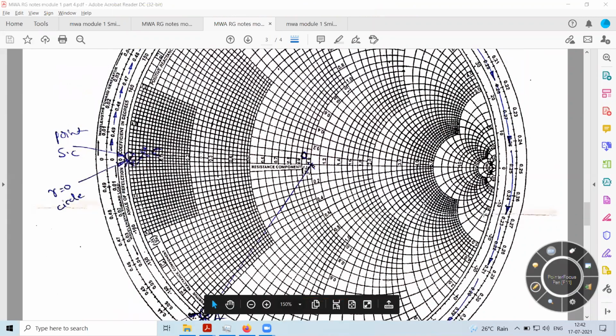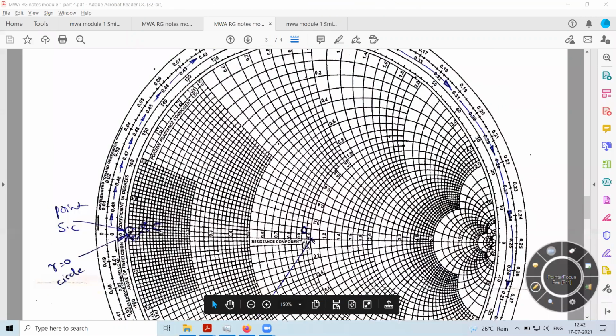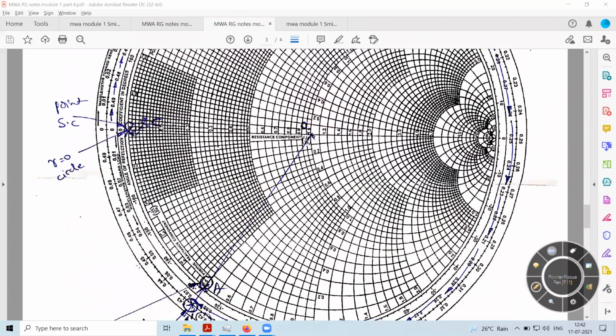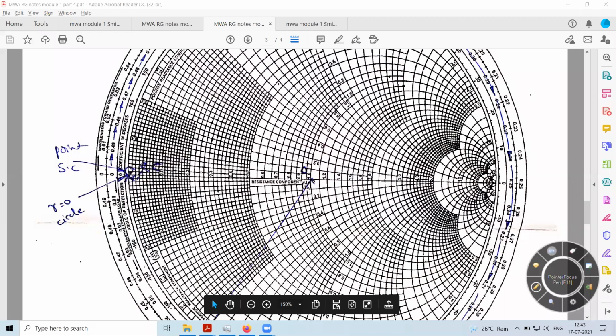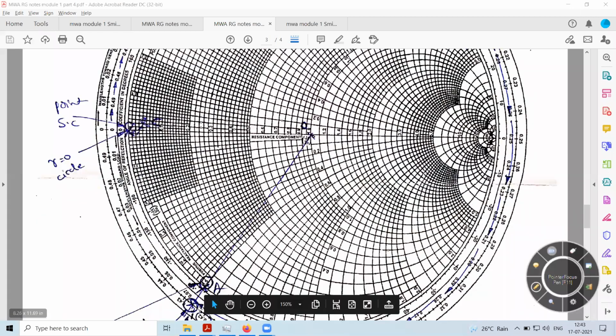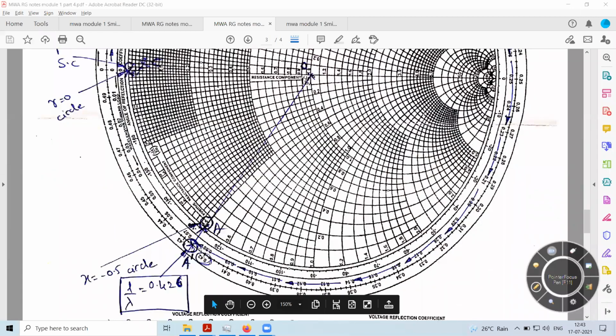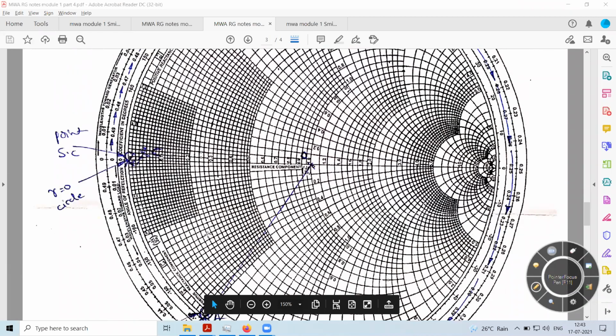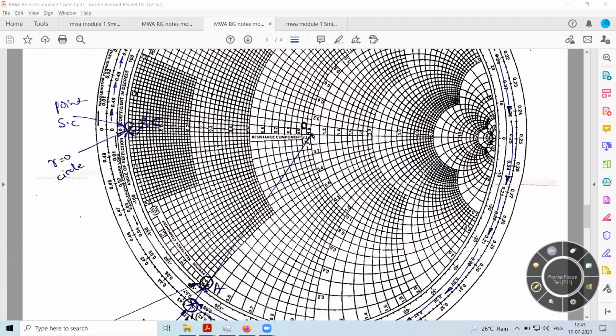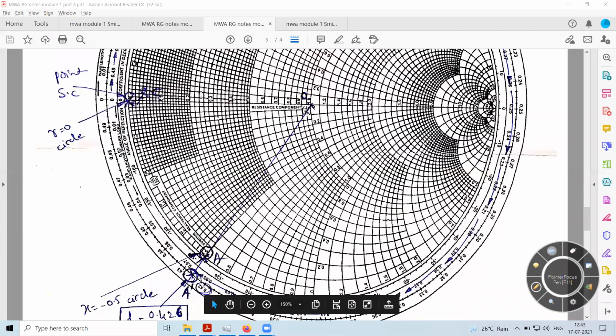So I keep traversing till I reach the short circuit point. If you move in the anti-clockwise direction, you will reach this point, and since you are moving towards the load, you need to consider this scale. But for the length associated with that, you have to make some adjustments and take the reading over here.